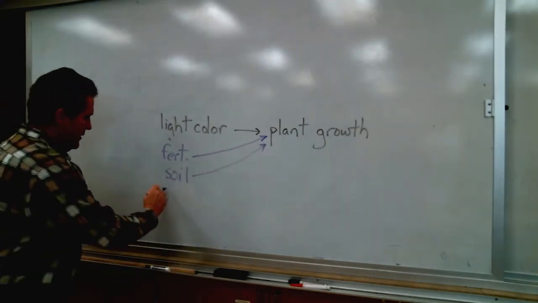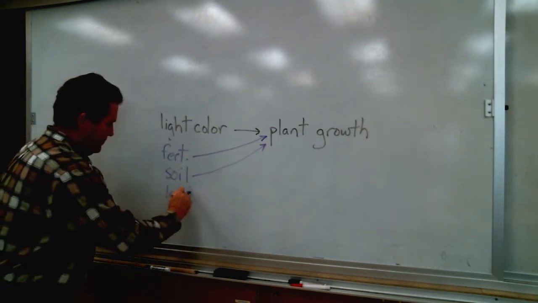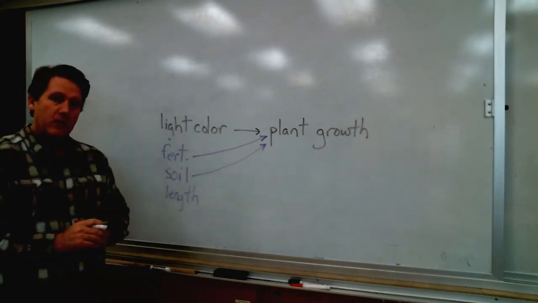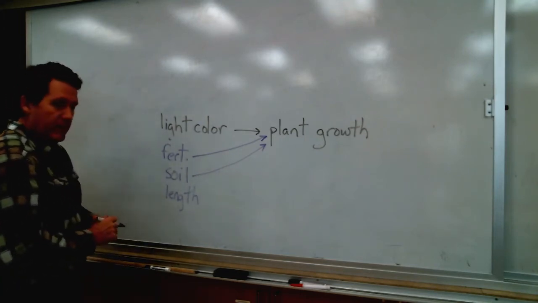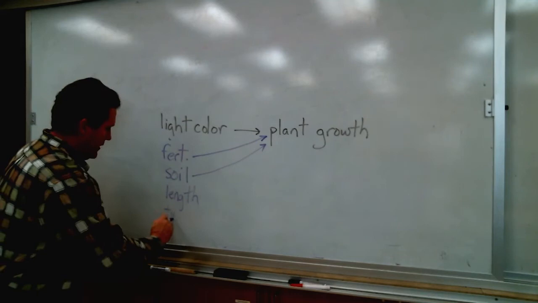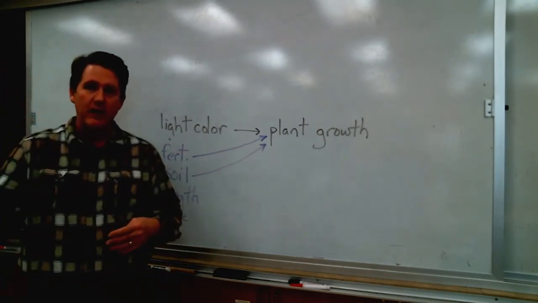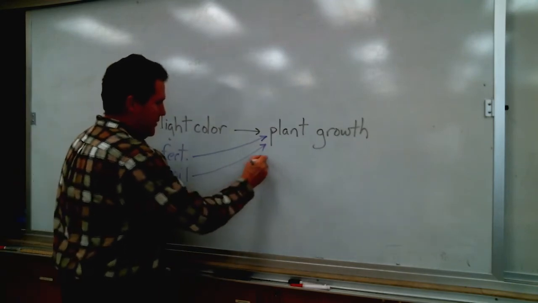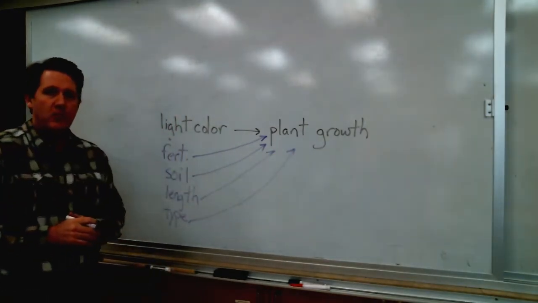Okay, so maybe the length of time they're in the light, how many hours of sunlight they get each day. Maybe the type of plant, maybe some plants like blue light and some plants like red light. Who knows? There's lots of different factors that could affect plant growth.